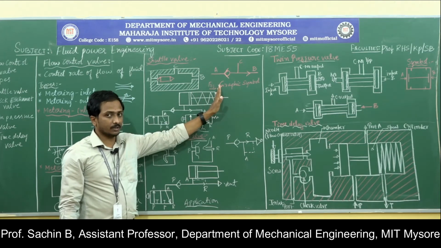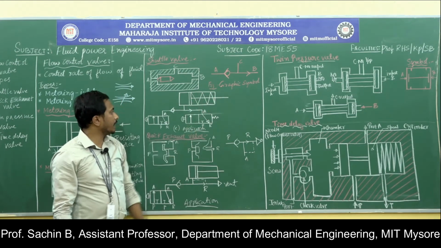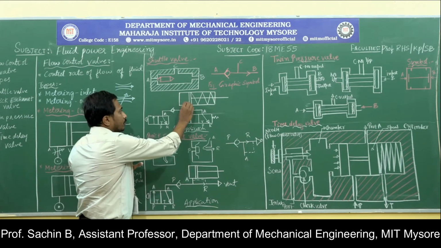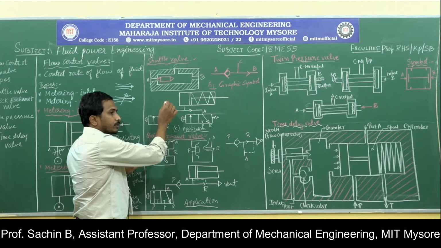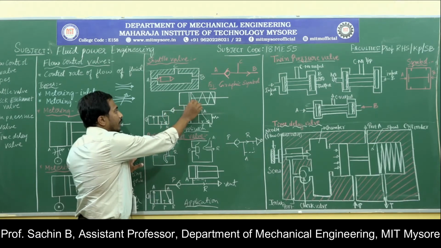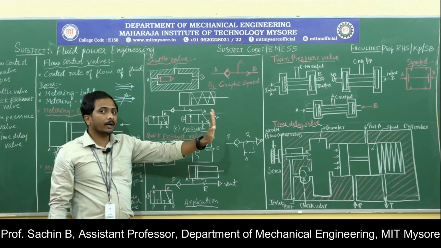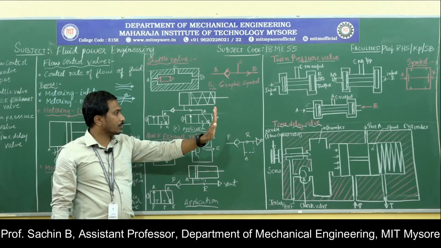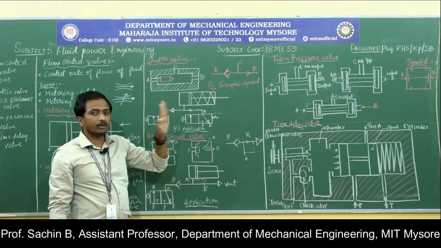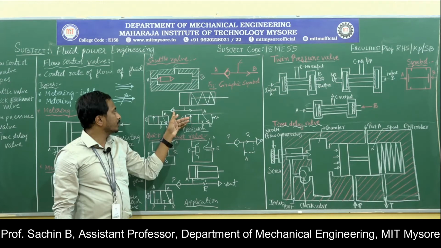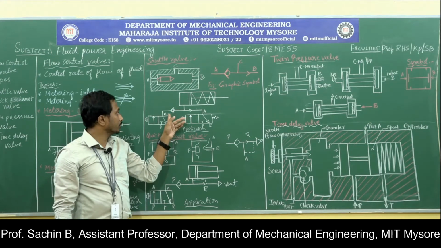The cylinder will get extended. But while returning back, the cylinder will retract to its original position by the spring compression. An amount of force has already been applied on the spring. Once the operation is finished, the spring will push the cylinder back to its original position. During that time, the flow will not be possible in this direction through the A port.